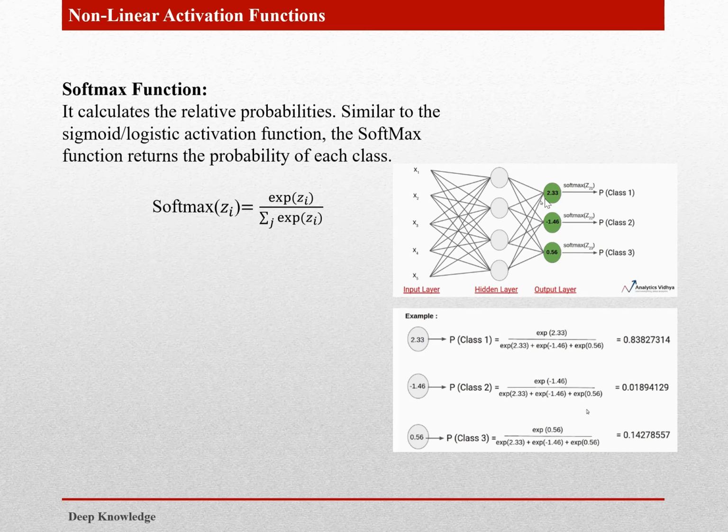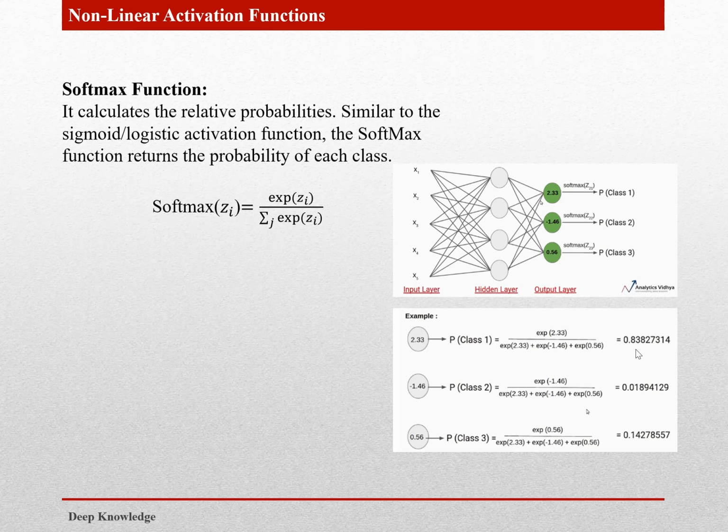This value is not between 0 and 1, and we need to find the probability of which class, 1, 2, or 3. The idea is to use softmax: the exponential of this value divided by the sum of these values gives you the probability. We do it for the next class and the third class. So we have three classes here, and the sum of these values has to be 1.